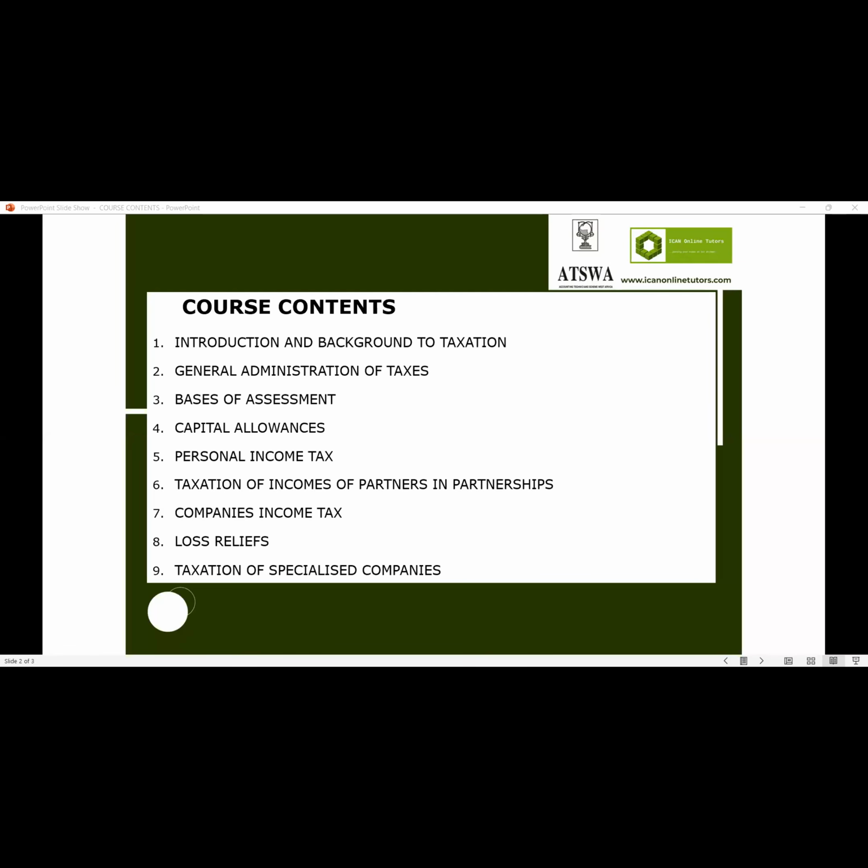For partners in a partnership business, of an individual that enters into a partnership agreement, the basis of taxing a partner in a partnership agreement is quite different from that of an individual operating as a sole proprietorship.